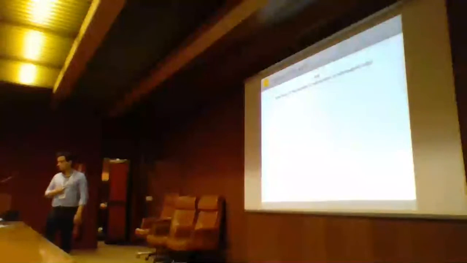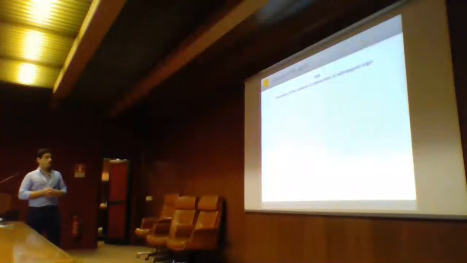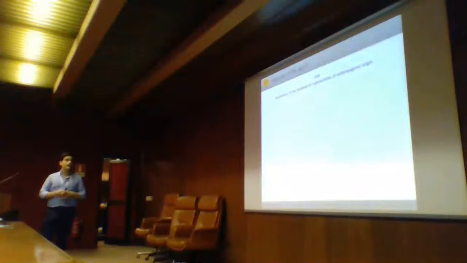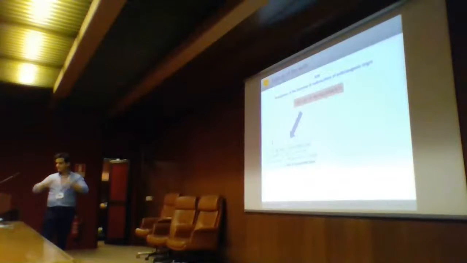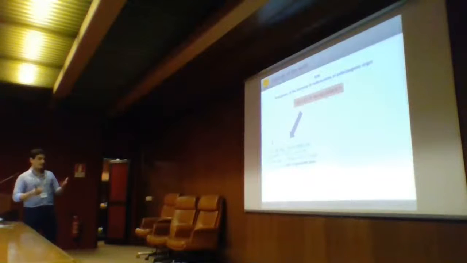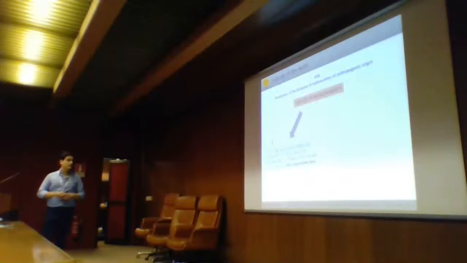So let's move to the aim of this talk: the assessment of the presence of radionuclides of anthropogenic origin. This work was divided in two sets of measurements. First of all, a screening of the perimeter of the area to assess the possible impact on the population through the measurement of the equivalent dose rate.